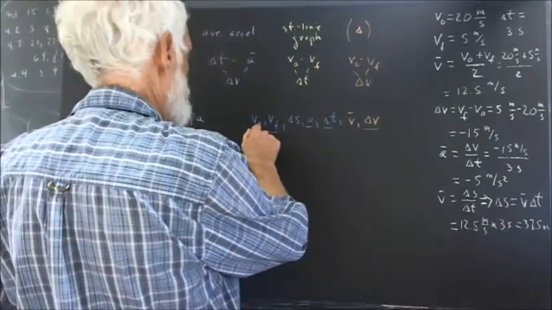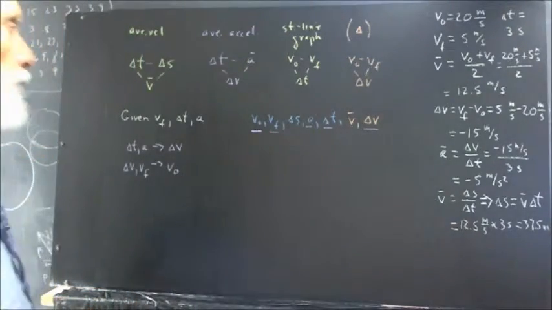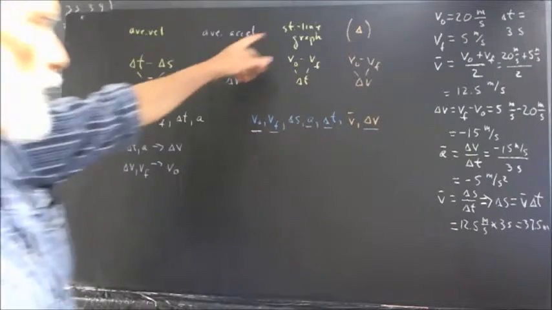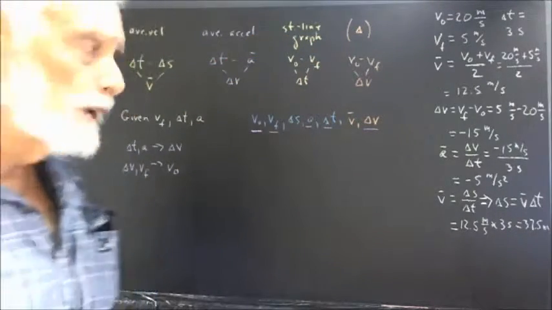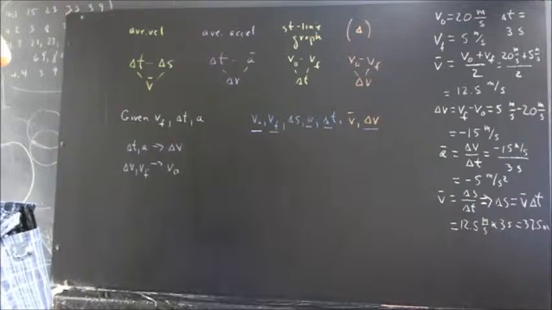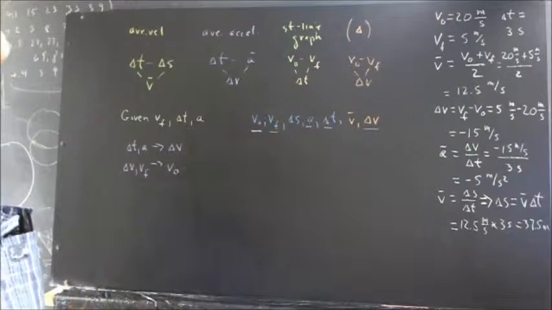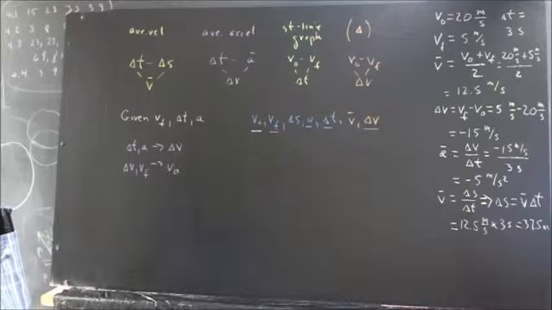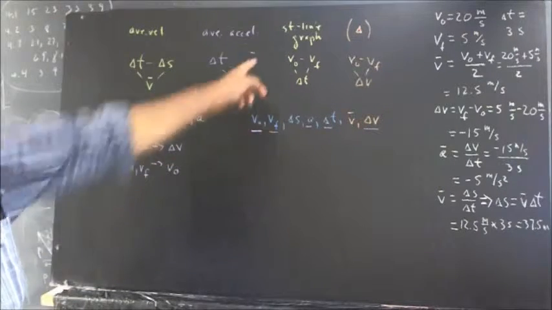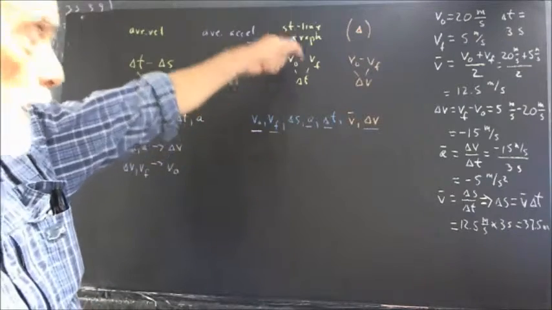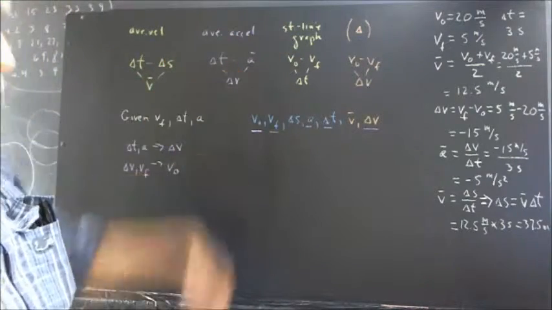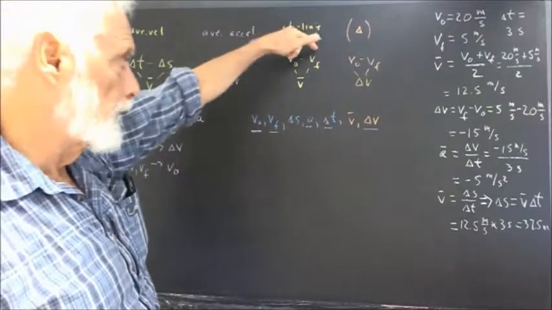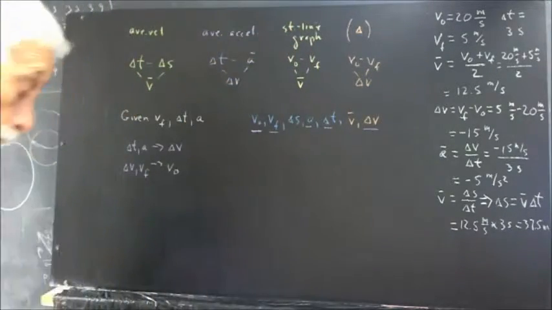Let's see. Well, we've now got V naught. And if we've got V naught, we know that we can put V naught and VF together to get delta V. And I wrote down delta T, and of course I know better than that, and I hope you do too. But let me write what we get from the straight line graph. V naught and VF are going to give us what? Well, the straight line graph tells us we average the initial and final velocities, we get the average velocity.